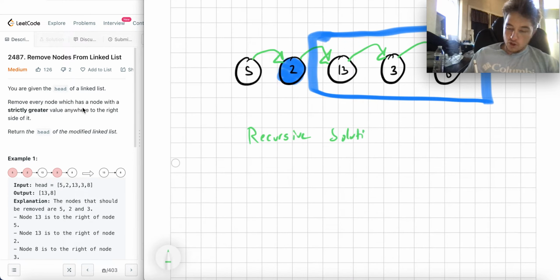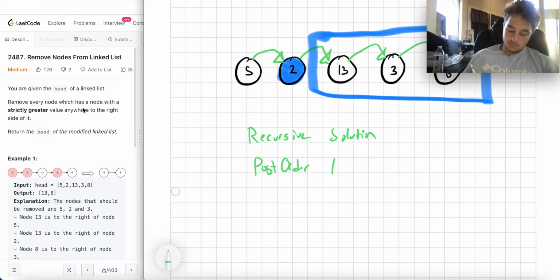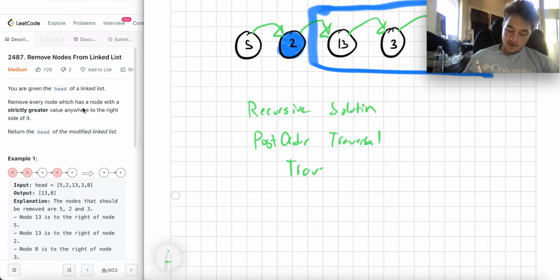And we want to look at everything that's to the right of a node before we process a node. So that means we're doing a post-order traversal, meaning that we traverse the remainder of the list and find the max.